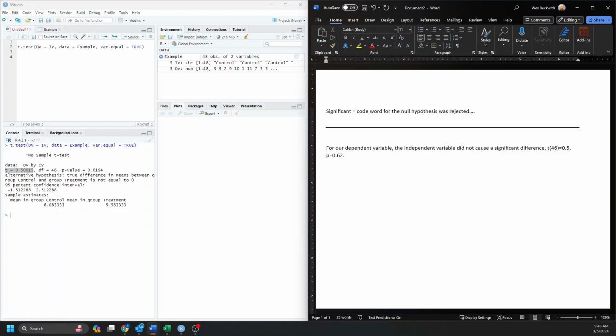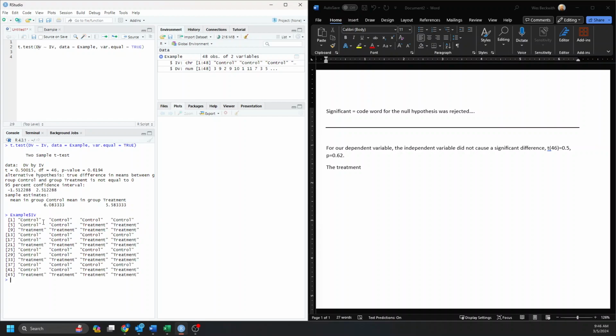So you could write this sentence differently, okay? You could say the treatment, because that's what our IV is actually listed as. If we were to print it out, for example, the IV, we have treatment and control.